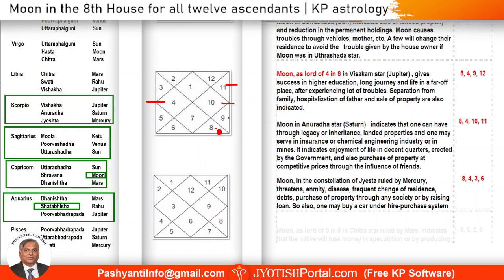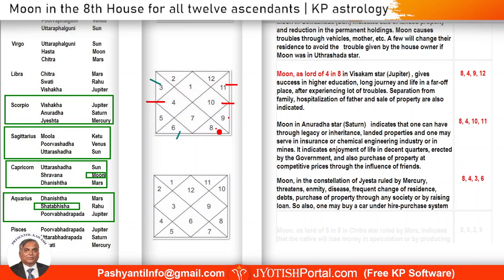So we are looking at Scorpio, and moon could be in Jyeshtha, right? It's ruled by Mercury. So when we talk about Mercury, then these houses get focus apart from the 8 and 4.